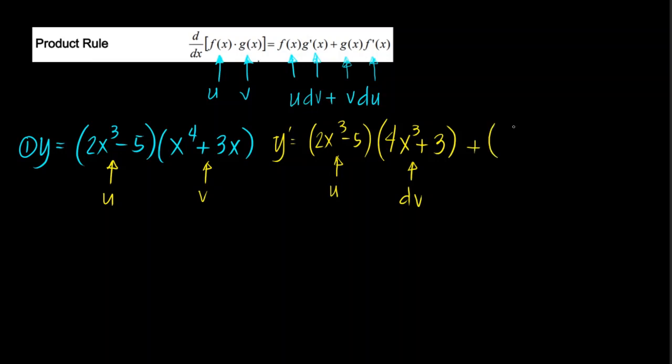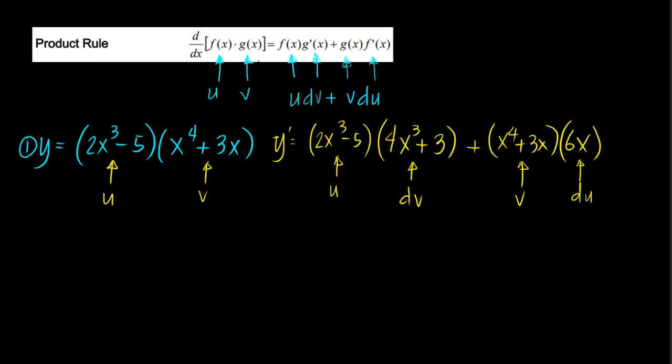Plus, V du naman ang sunod. So, let's just copy V. Okay? Derive U. So, ang derive U naton, si 2x cubed, that is 6x. And then, 5 is a constant. So, 0 lang man. No need to write. And that is du. So, U dv plus V du.